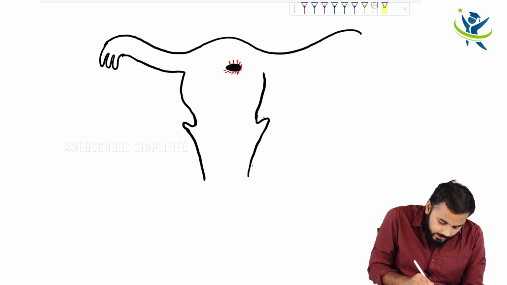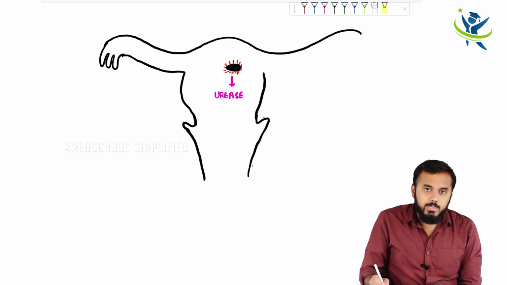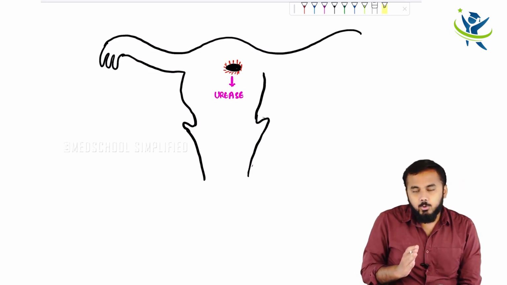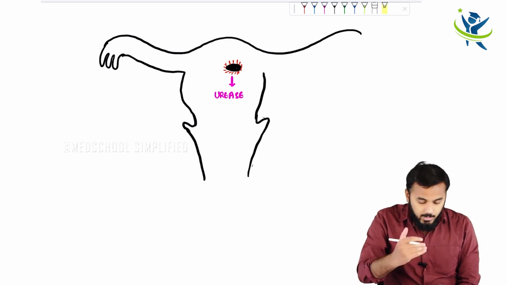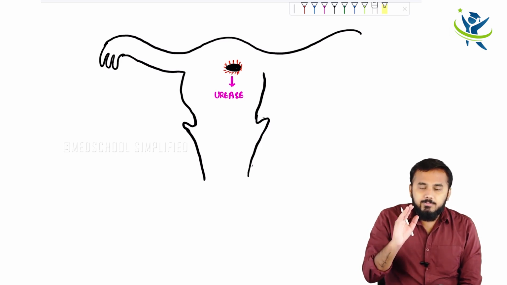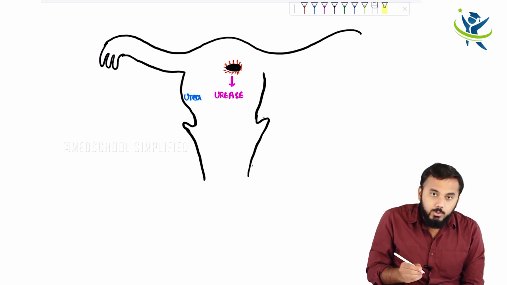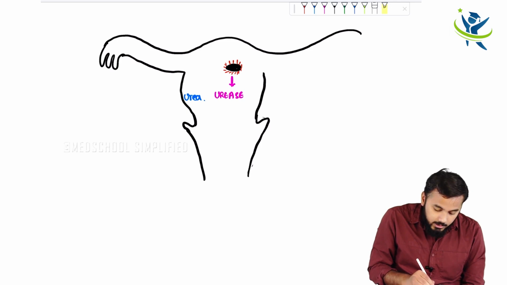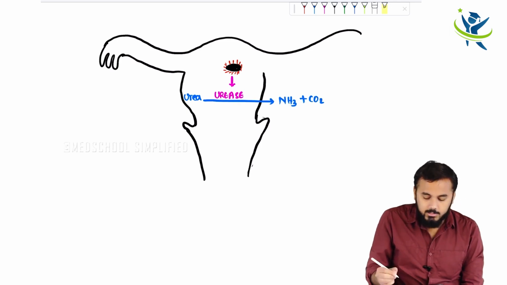Now this bacteria releases an enzyme called urease. I told you all the time the environment in the female genital tract is acidic, and normally bacteria cannot live there. But in the female genital tract, you have a compound called urea. Urease converts urea into ammonia plus carbon dioxide.